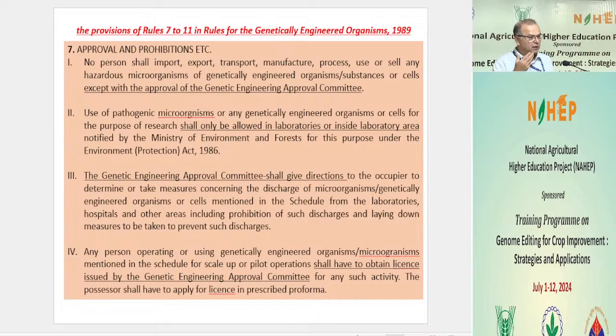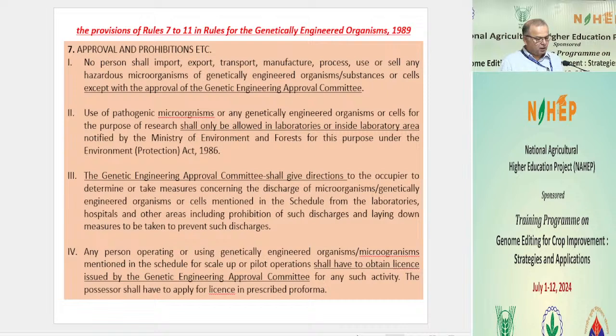Even from a certified lab to another certified lab, there is a permission process involved. I cannot just say that I will give it to you because your lab is also certified, so what is the problem? I have to write to the authority that I want to transfer this GMO from, for example, one of the institute's labs to one of the labs in ICGB or JNU. So I have to take permission and then I can give.